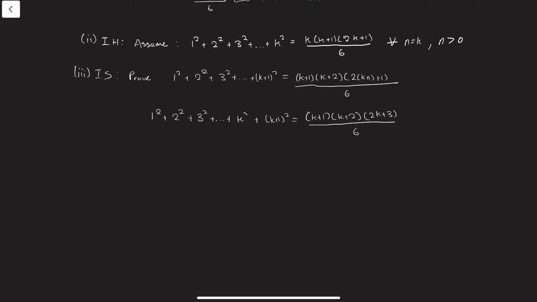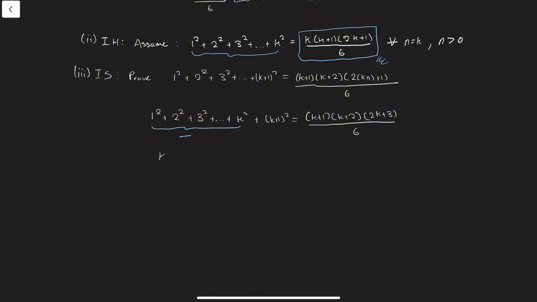Well, when we look at this term, if we analyze it closely, we said using our induction hypothesis that, let me highlight it, that term is equivalent to this expression, right? We assumed that. So if we're assuming that this is the case, then we can plug this into our sequence right here.